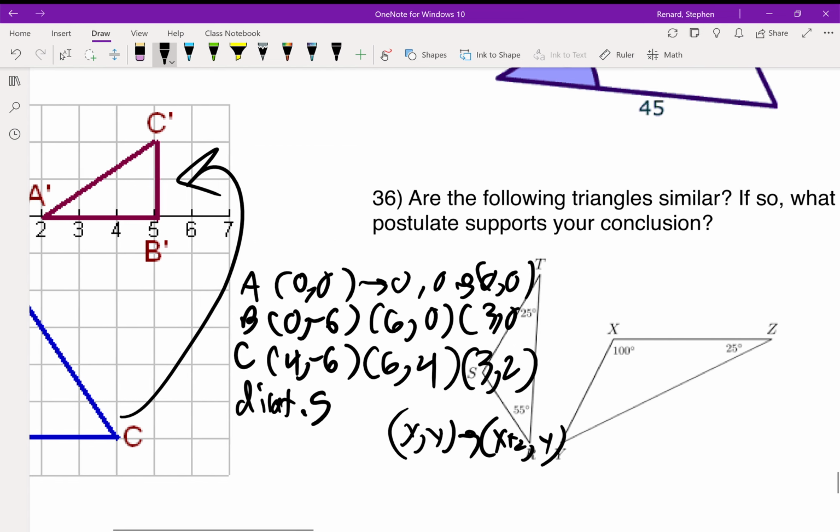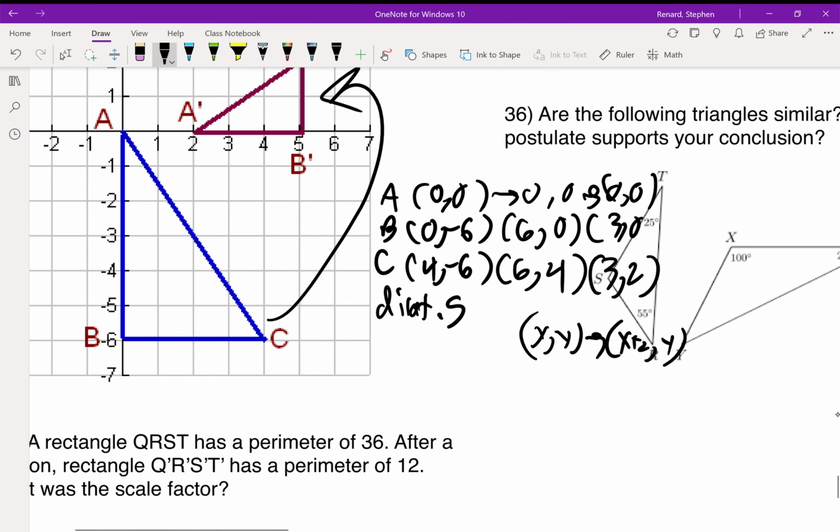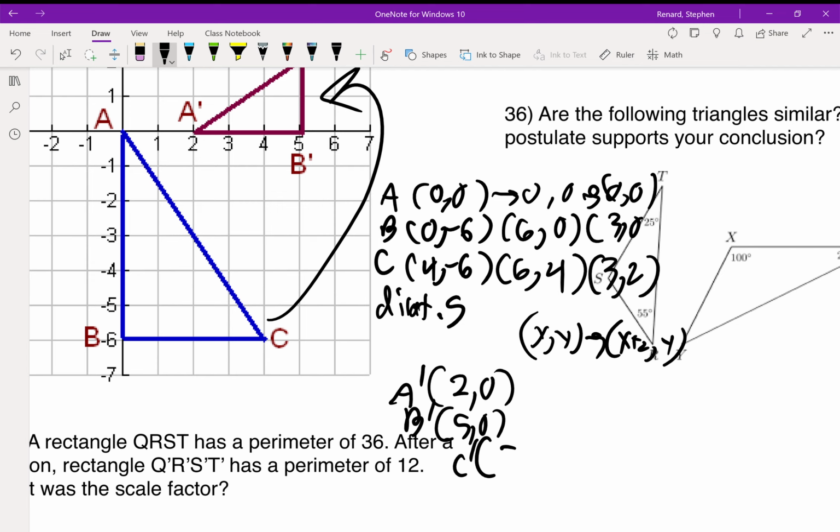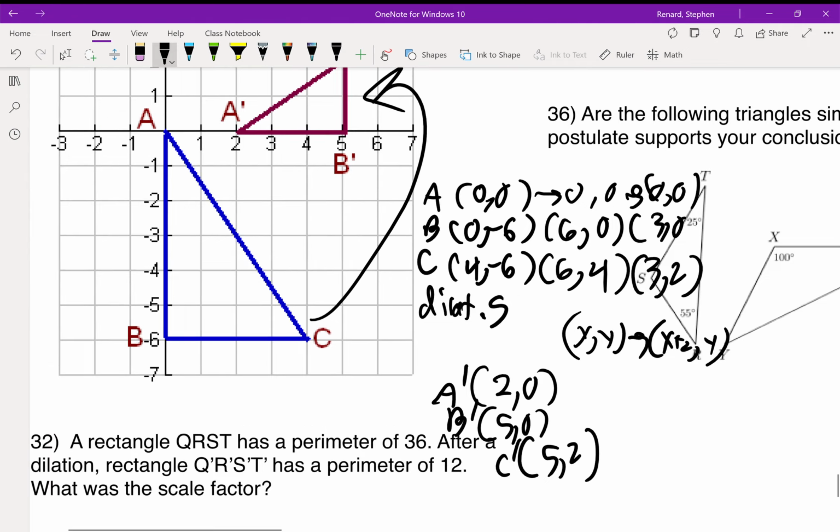So that would give us A prime ending up at (2, 0), B prime would end up at (5, 0), and C prime would end up at (5, 2), which is where it ends up.